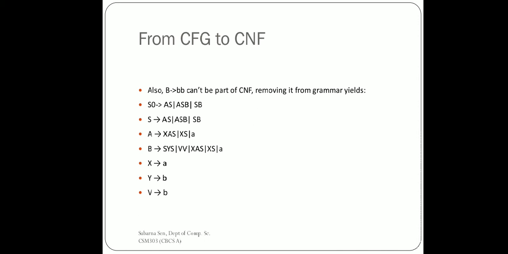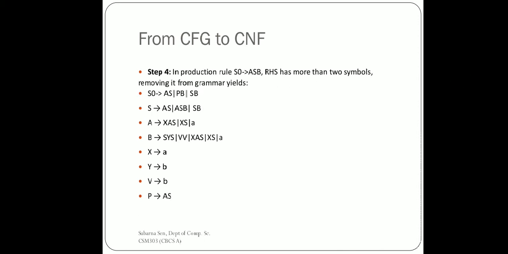Now we have to see what more changes are required. This production rule was at step 4. If a variable is deriving more than two variables, what do we have to do? See here, S naught is deriving capital A, capital S, capital B, so this should not be the scenario. In place of any two variables, we have to bring one new variable.